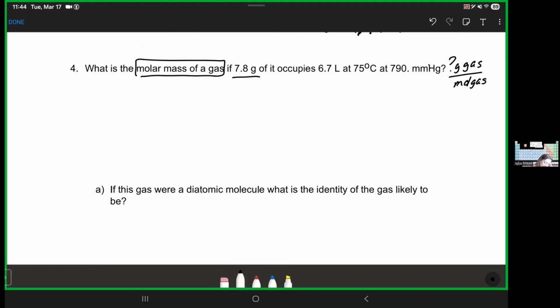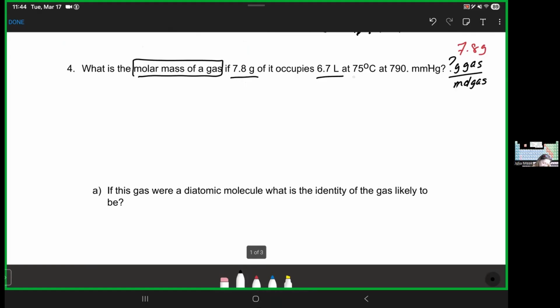Okay, I know that I have, I'm just going to write it up here, the 7.8 grams, just to have that in our head. We have a volume, a temperature, and a pressure. Wow, that degree is really large there. Okay, so I don't have 2 of anything, so I'm using the ideal gas law. PV equals nRT. Pressure, volume, moles, temperature.